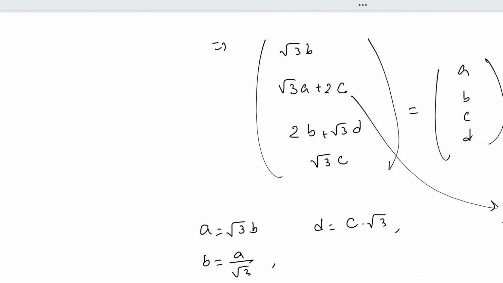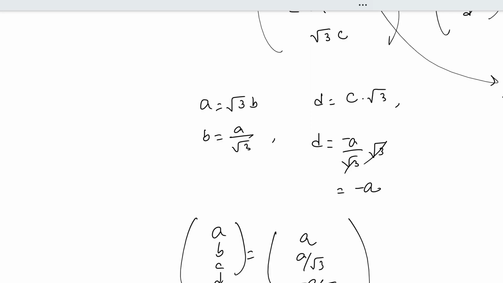So you get c equal to minus a by root 3. And then d equal to minus a by root 3 into root 3, which is minus a. So by assembling all parts you have a, b equal to a by root 3, c equal to minus a by root 3, and d equal to minus a.